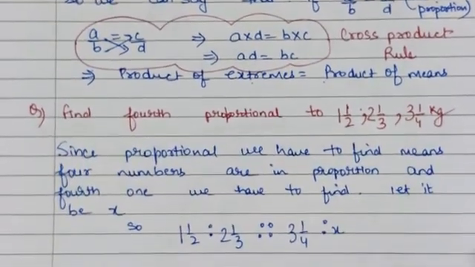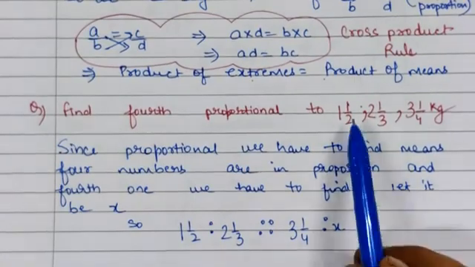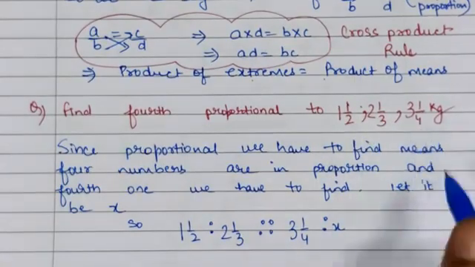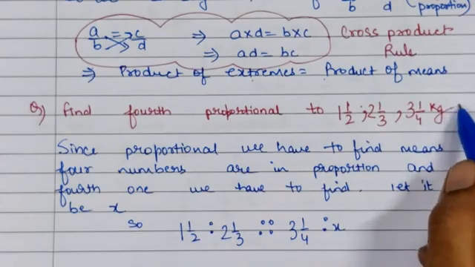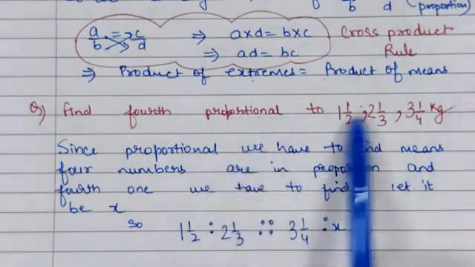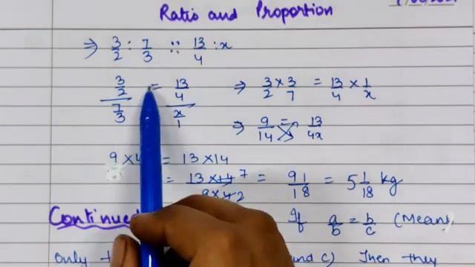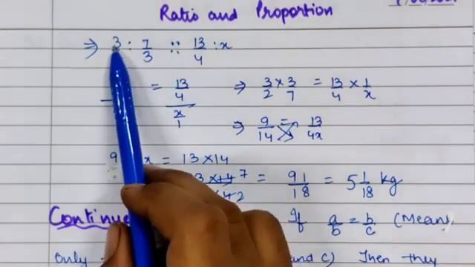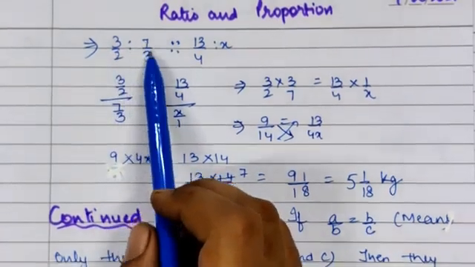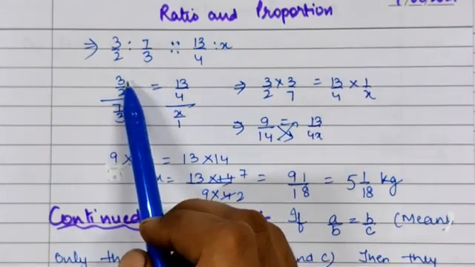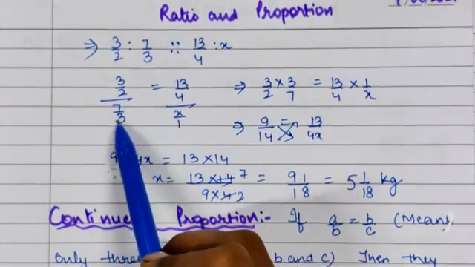Now let us find the fourth proportional. 3 are given to you, you have to find the fourth one. Let us suppose it is x. So this is given in proportion. It means 1.5 ratio 2 1 by 3 is in proportion to 3 1 by 4 is to x. Now let us do the cancellation part. 3 upon 2 ratio 7 upon 3 can be written as 3 upon 2 upon 7 upon 3.